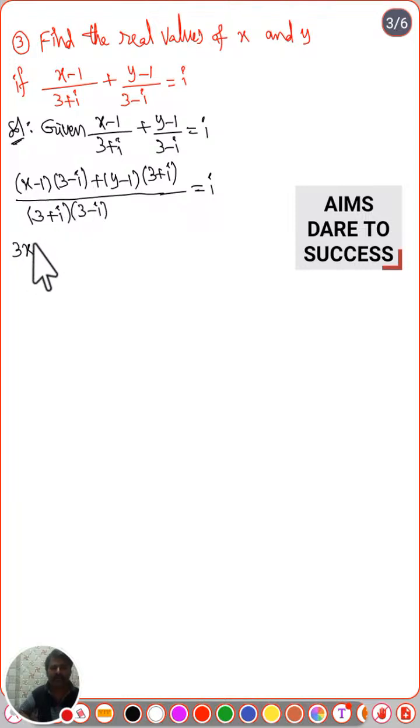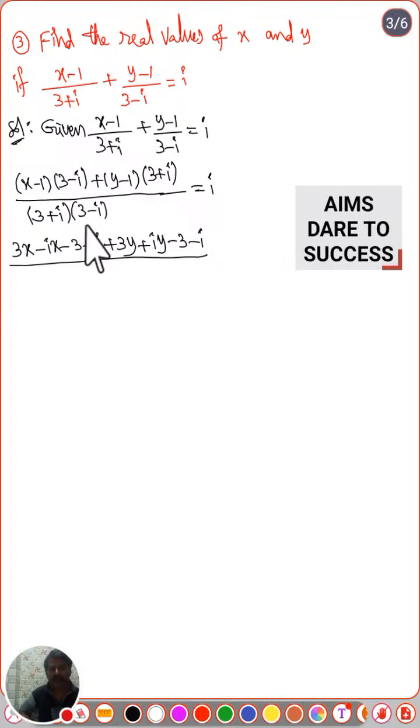Next minus i into x, minus ix. Minus 1 into 3, minus 3, minus into minus plus 1 into i is i. Similarly, y into 3 is 3y. Next plus y into i is iy. Next minus 1 into 3 is minus 3, minus 1 into i is minus i.